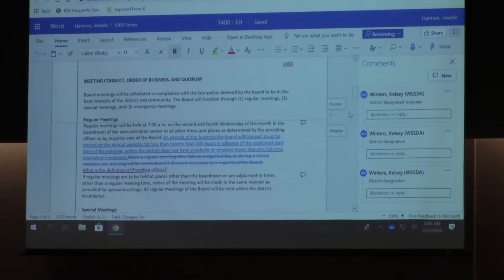I don't believe that there's a legal reason why we couldn't change that to president of the board if that is something more comfortable to the board. That is just the formal language that would likely show up. And that's really the genesis for the word president, and the idea of the president of any organization. The definition is that they preside over.